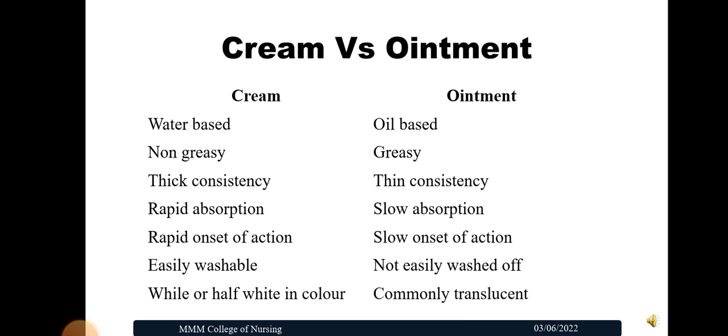Creams can be absorbed rapidly, thus causing a rapid onset of action, but ointments are absorbed slowly, which leads to a slow onset of action. Creams can be washed off very easily, but ointments cannot. Usually creams are white or off-white in color, and ointments are commonly translucent in nature.